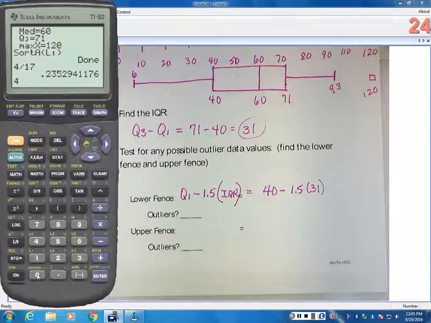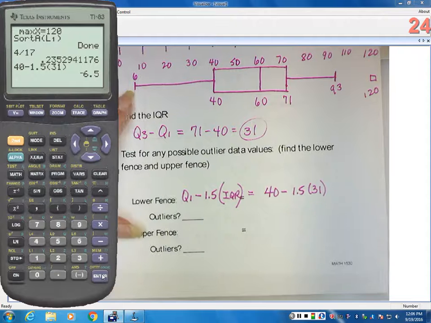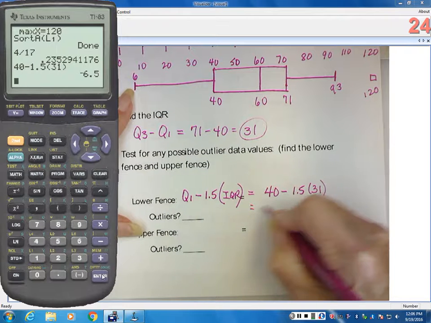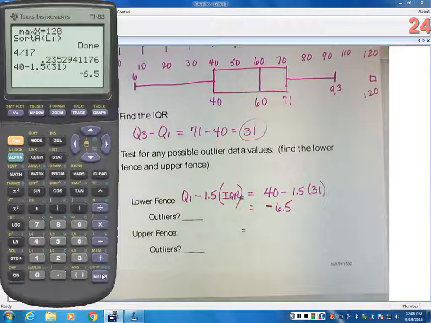Minus 6.5. So indeed, the 6 is not an outlier because it's not less than negative 6.5.